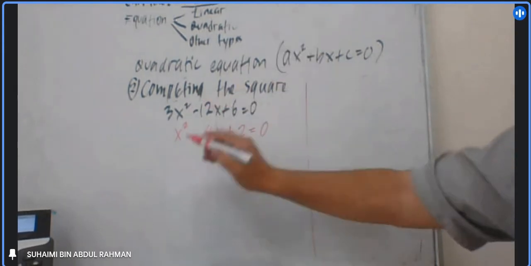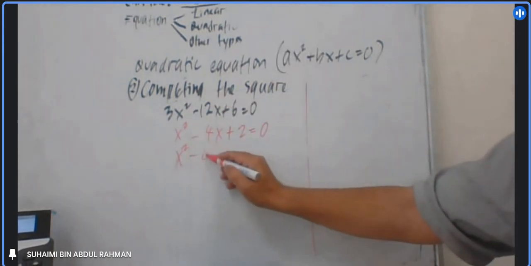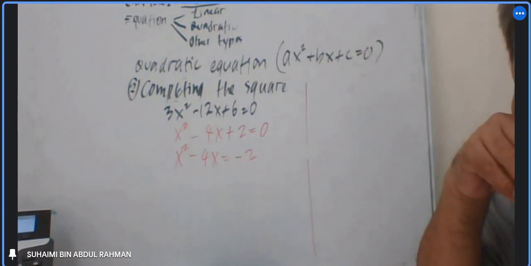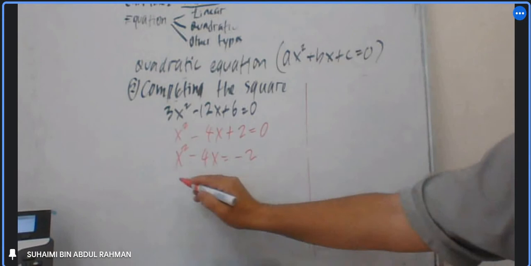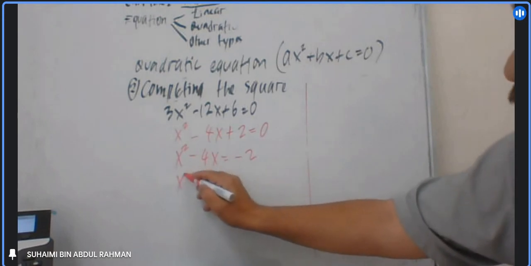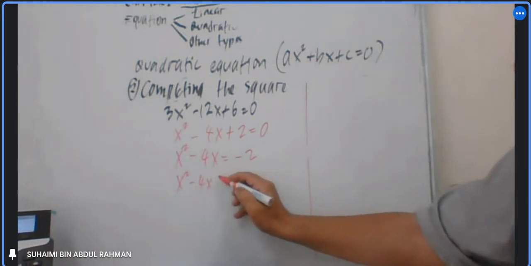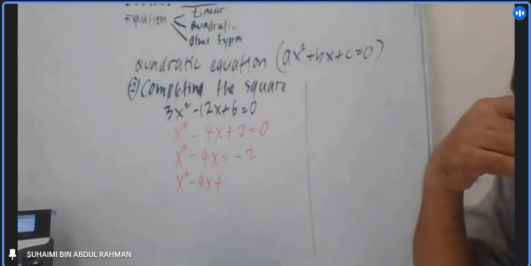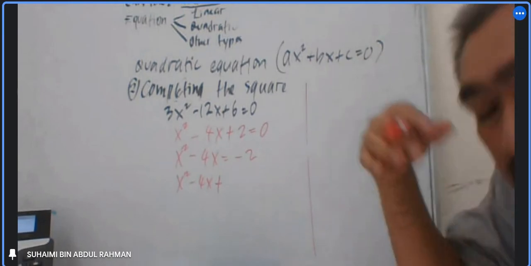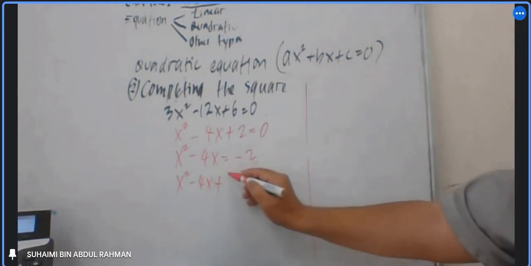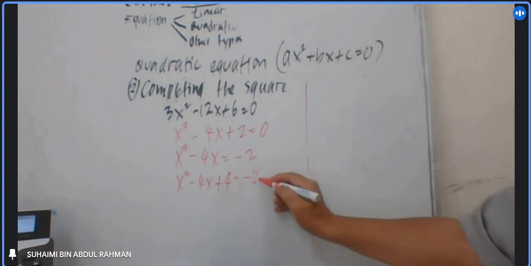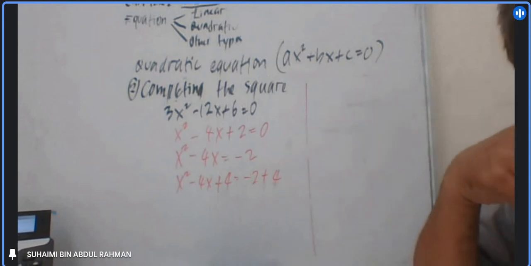And now go to the next step: x squared minus 4x equal to minus 2. x squared minus 4x plus the coefficient of x, minus 4, divided by 2, minus 2, then square, 4, equal to minus 2 plus 4.